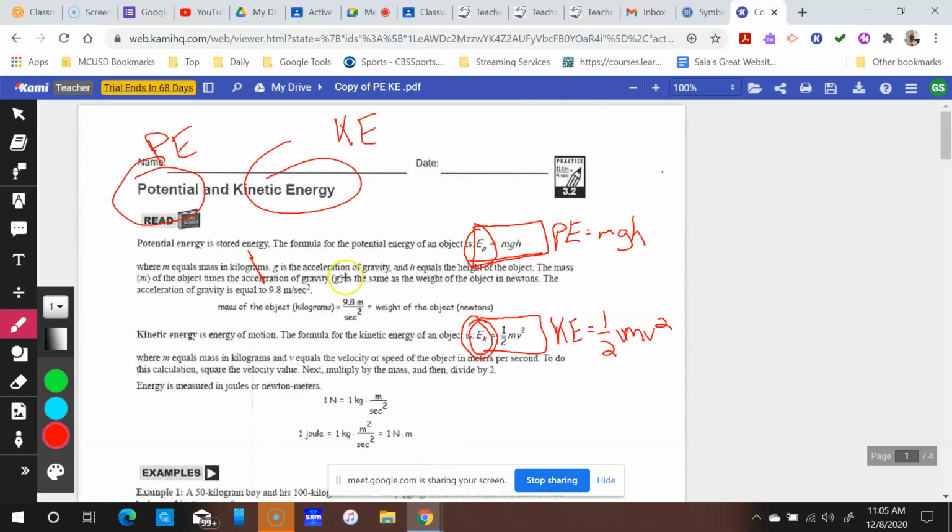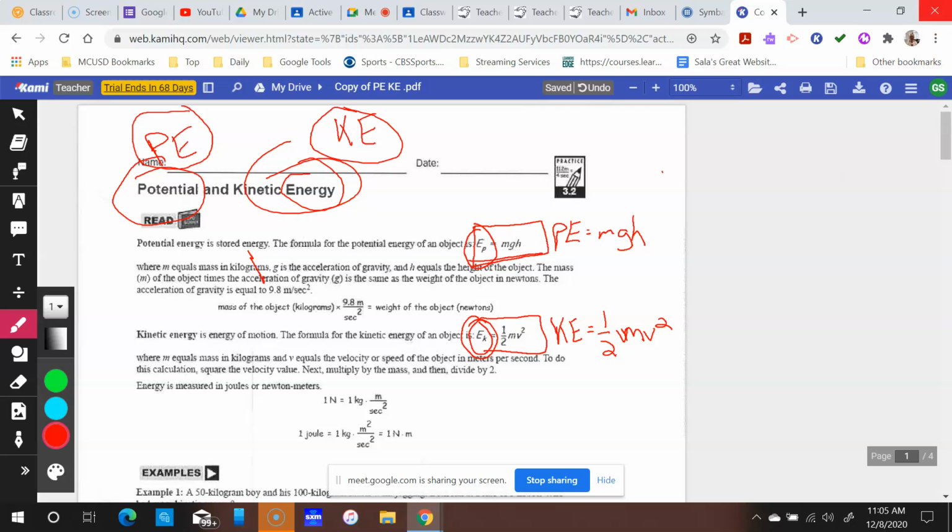All right, so if you remember when we went through our notes, when we came back, about 2 weeks ago, we looked at energy, and specifically 2 types, potential and kinetic energy. Remember, potential energy is the energy of gravity, or it's stored.